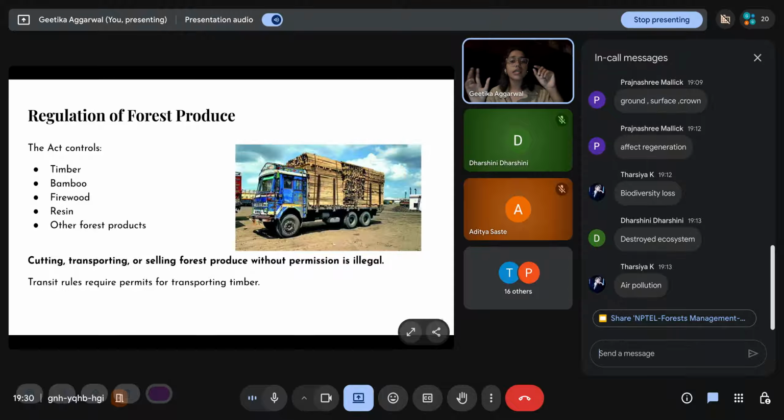And if you're missing any particular permit from point A to point B, you'll have to go back to that naka, get that permit, and only then you can cross that point. You can't just transport this timber on any other route apart from the one that has been fixed by the forest department. So that is how this act regulates the transportation of the forest produce.